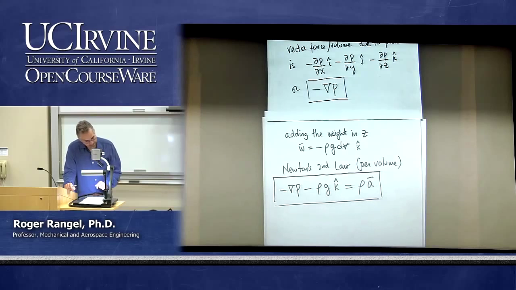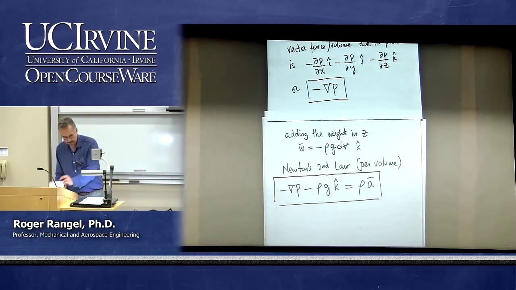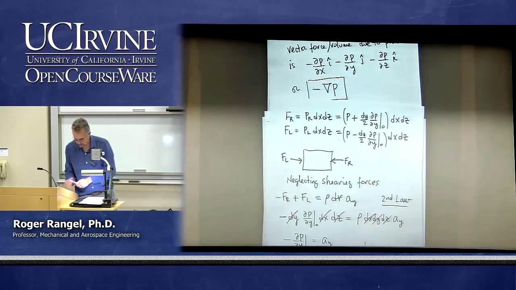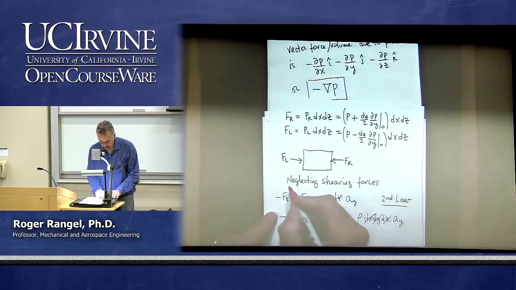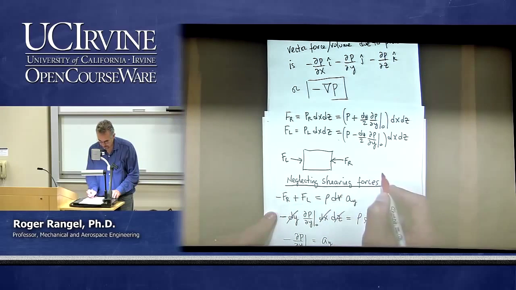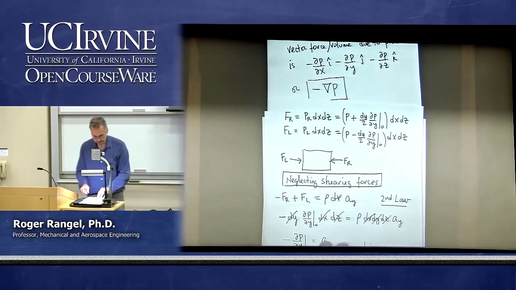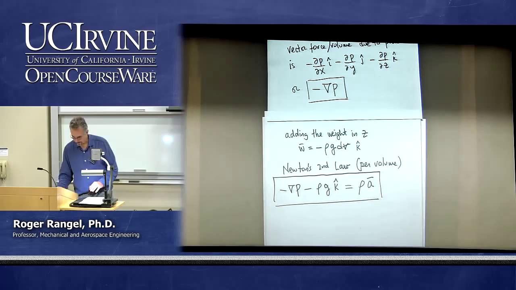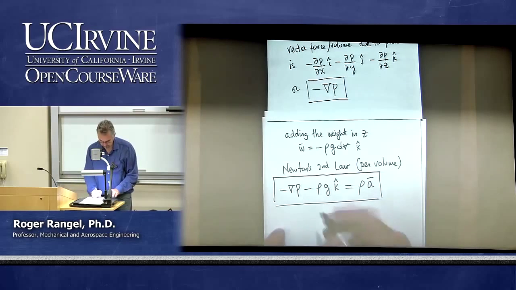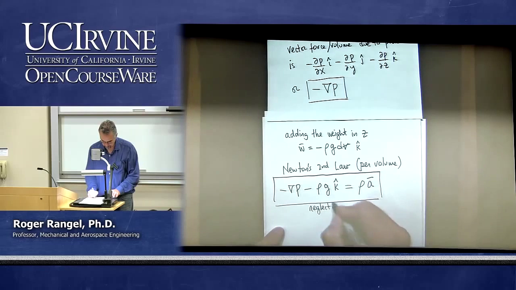And the one thing that we have to keep in mind is that we neglected the shear forces. Remember, I said that a little earlier. I did not consider any shearing forces. So this result is valid as long as we are neglecting shearing forces.